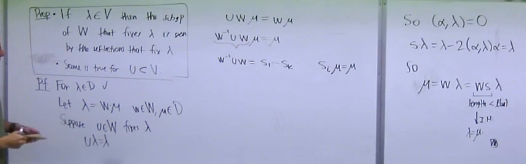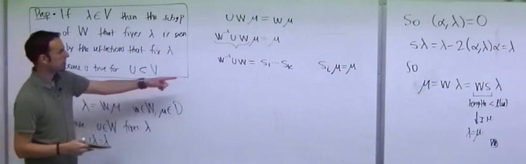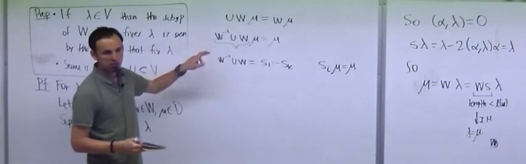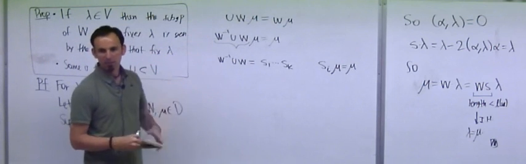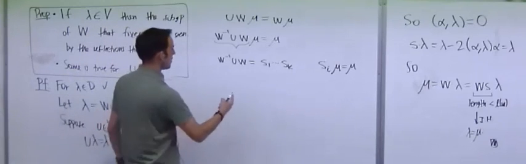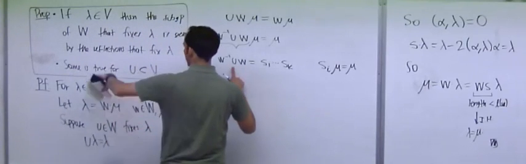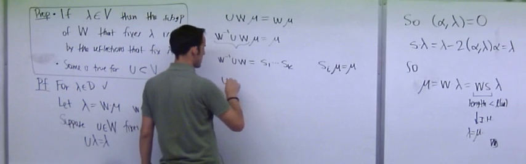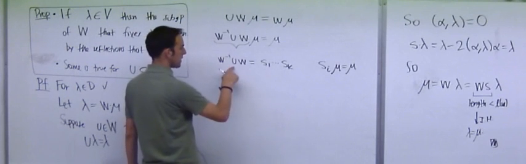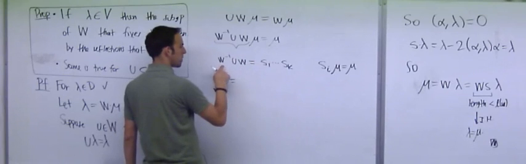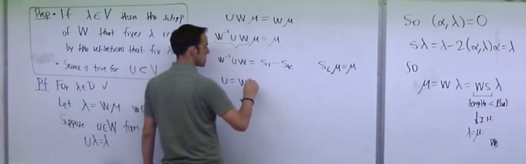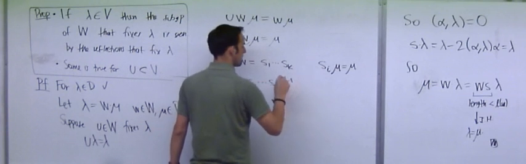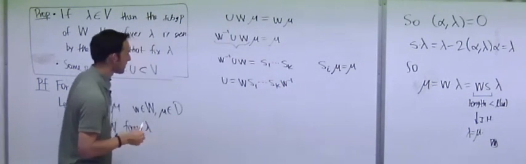Now, what I'm trying to do then is I started with a statement about lambda, I translated it to mu, I used the result for mu, and now I want to translate back to lambda. And so what I want to do is write U as a product of things. So I solve for U here. So U I get is equal to, I multiply by W on the left, and W inverse on the right. And I get this. Okay.